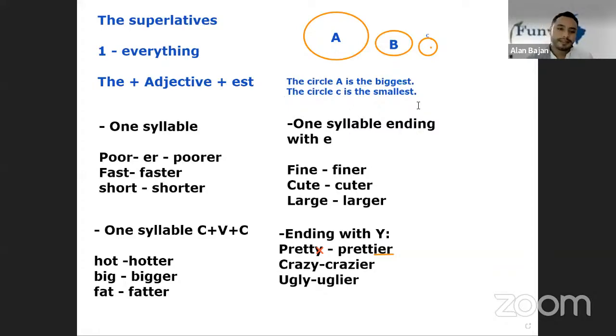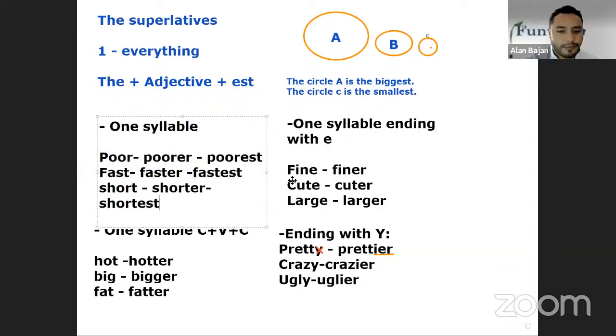And we have basically the same rules with the adjectives as comparatives and superlatives. With one syllable, we only add est to the adjective. Poor, poorer, the poorest. Remember the article the. Fast, the fastest. Short, the shortest.